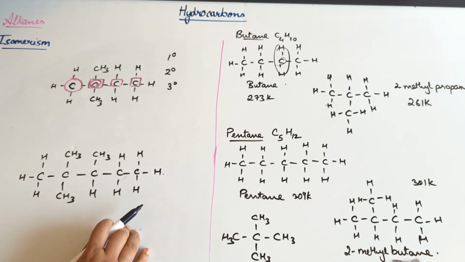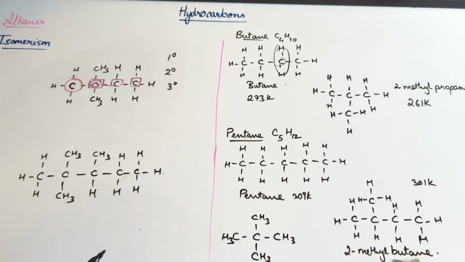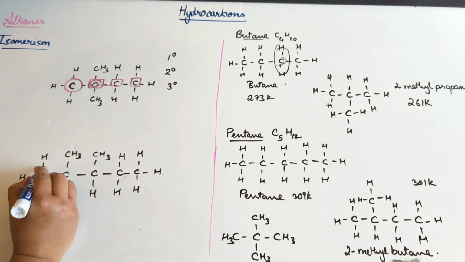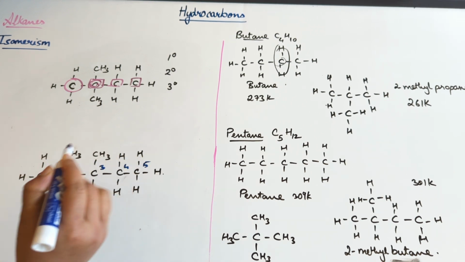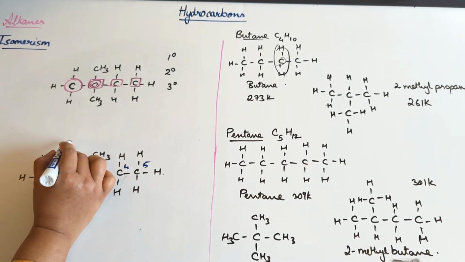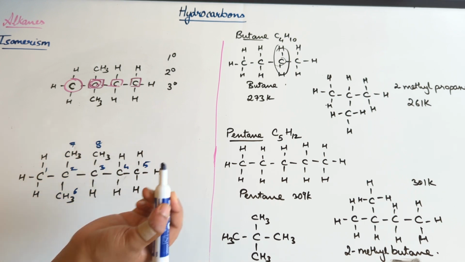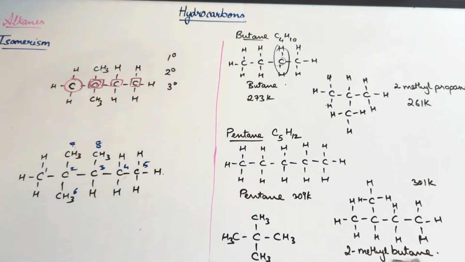This is probably not even the longest chain, but I'm using this for us to identify the carbon atoms. So let me just number it. You have the first one, second, third, fourth, and fifth. Then we'll just number these as well, 6, 7, 8. Yeah, I am not numbering this in terms of the IUPAC nomenclature. Pause the video right now and try and figure out what each type of carbon atom is going to be.